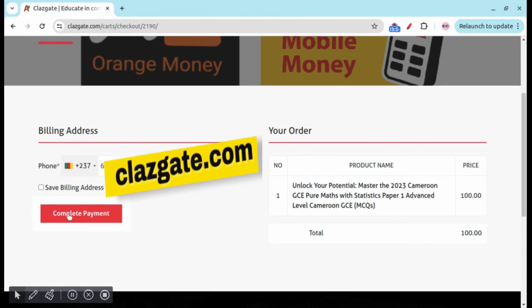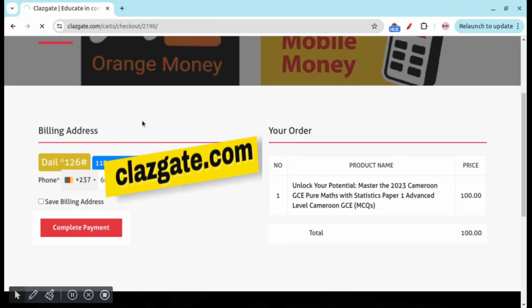The gray button is now red, meaning you can pay now. So click on the complete payment button, and we're waiting. We've been given 2 minutes to pay for this course. So let's just wait for the prompt on our phone.